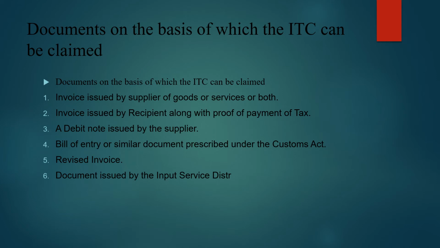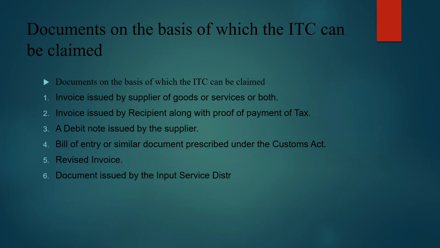Which documents are required? Invoice issued by supplier of goods or services or both. A tax invoice issued by the supplier registered under CGST Act. Invoice issued by recipient along with proof of payment of tax, in case of reverse charge, where recipient is liable to pay tax, a tax invoice issued by recipient registered under CGST Act.